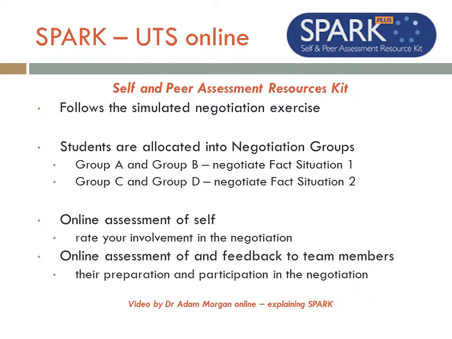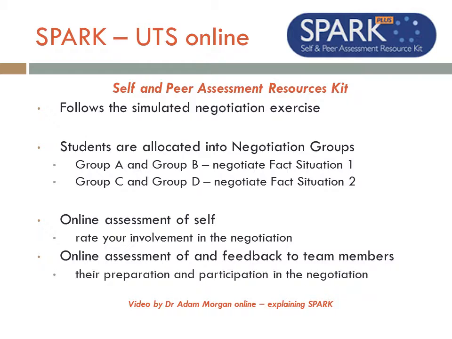So following your simulated negotiation, whether you are an on-campus student or an off-campus student, you're going to be introduced to Spark, a self and peer assessment resource kit, if you haven't already had an experience with it. And so what happens is that we have 2 fact situations and we have 2 groups negotiating in each fact situation.